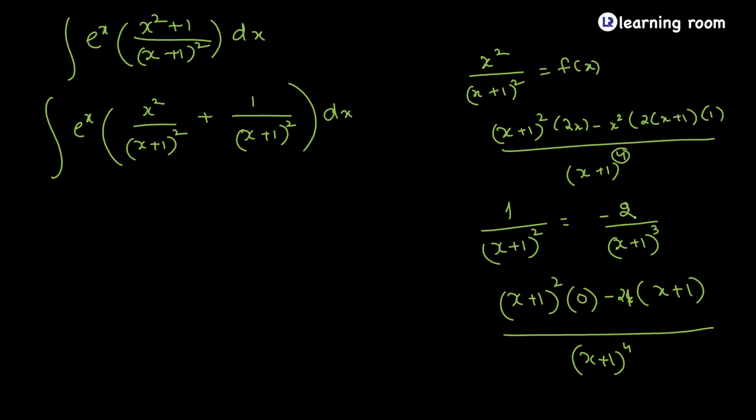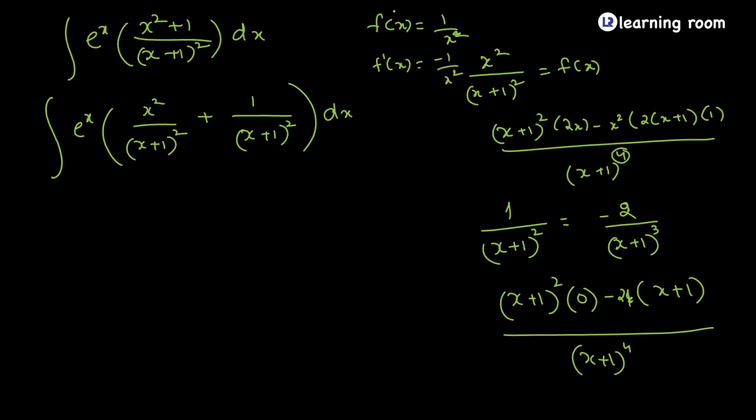Okay. Now the logic, listen. The logic is, which function should you differentiate to get 1 by x square? What should be the value of f of x for you to get f dash of x as minus 1 by x square?